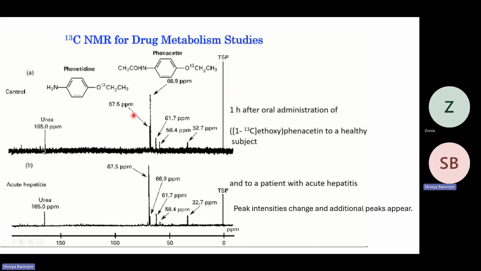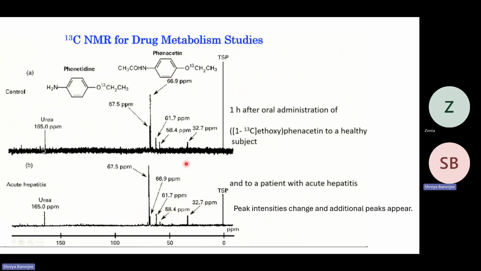For example, the 67.5 ppm peak corresponding to phenacetin is quite low in a healthy patient, but it is much higher in a patient with acute hepatitis. So the peak intensities are changing and additional peaks are also appearing.